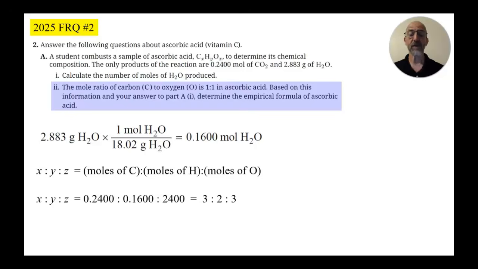They said we have moles of carbon, moles of hydrogen, moles of oxygen, and the 0.24 came from the moles of carbon dioxide. 0.24 moles of carbon, and then based on that fact that carbon and oxygen have that same 1:1 ratio, this is what they have. 0.24 for both carbon and oxygen, and if you're wondering, where did that 0.16 come from in the middle? Well, that was their assessment of the amount of moles of hydrogen. So what they got was a 3:2:3 ratio.